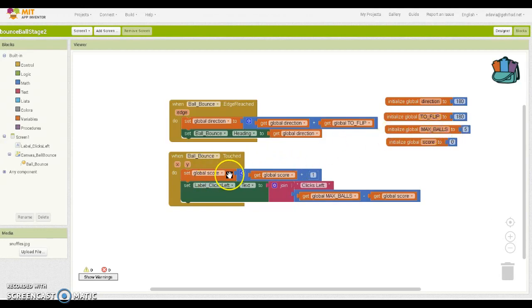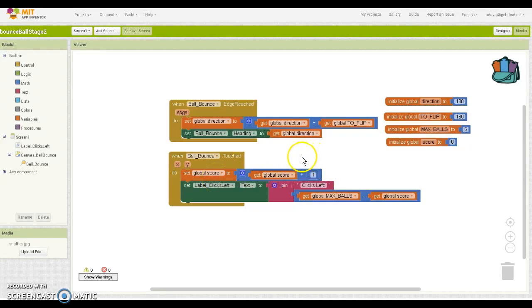Score, on the other hand, is being reset over here. It starts off at 0, so here I'm at 0. I'm going to do 0 plus 1, so now this is 1. Then I'm going to do 1 plus 1, so I get 2. I'm adding it up, and that's going to make my score.